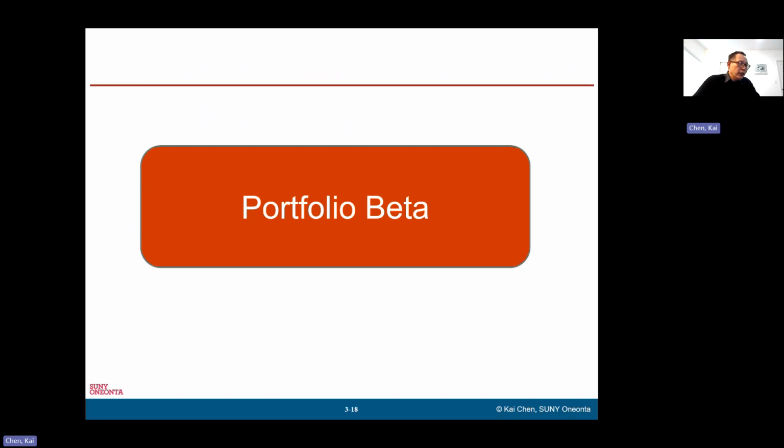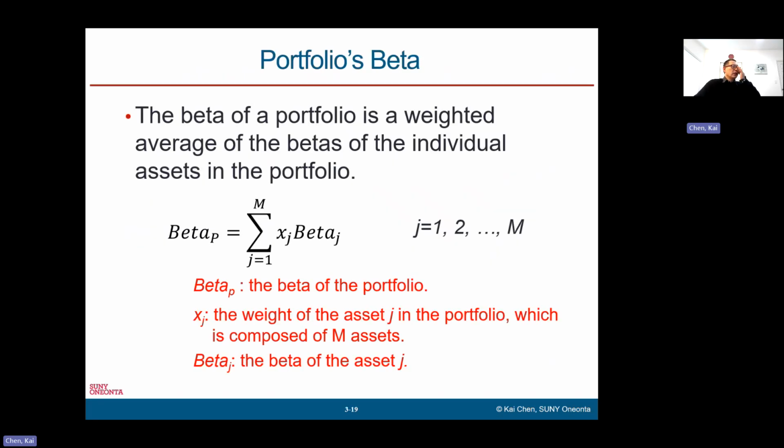It is relatively easy. Generally speaking, let's suppose we know the weights of a portfolio. We know the beta of each asset in the portfolio. Then we can use this formula to calculate the beta of a portfolio.